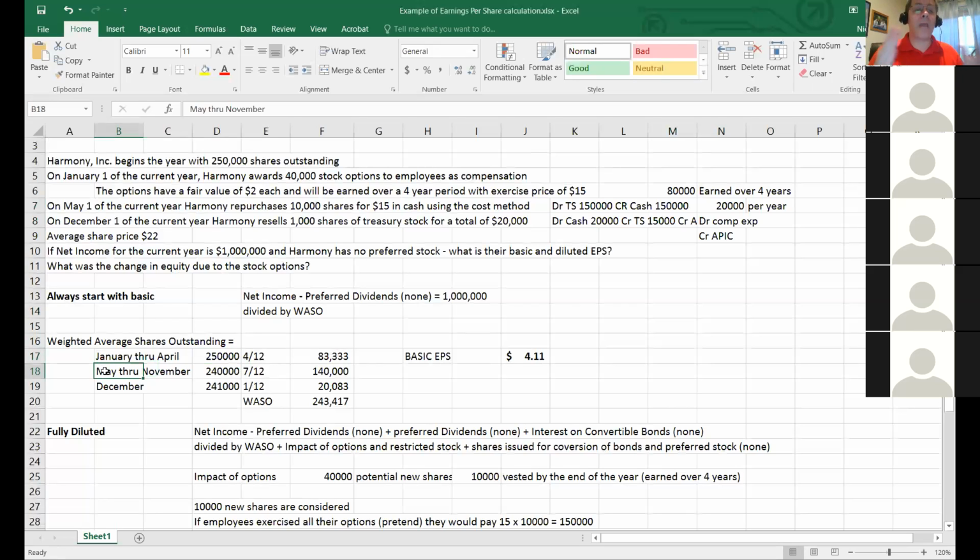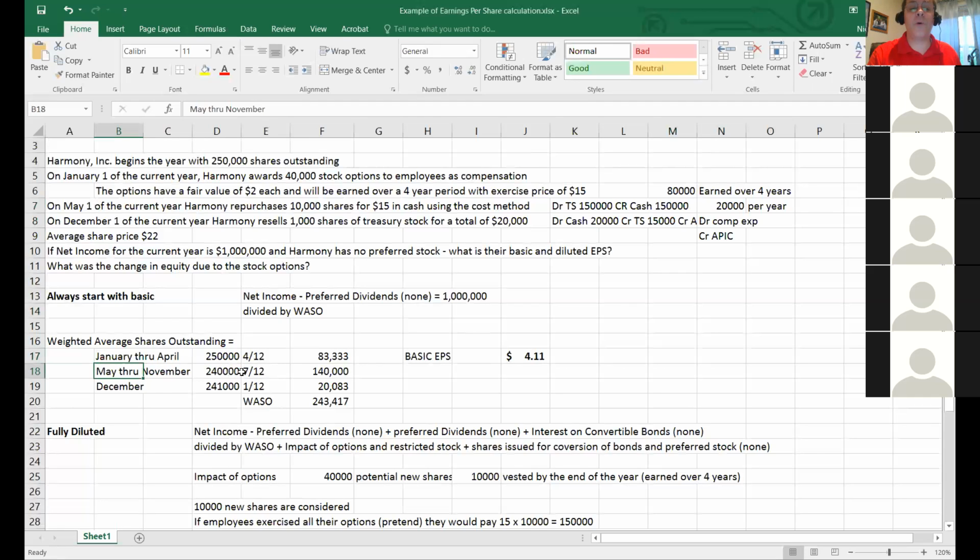In May, or May 1st, beginning of May, we bought shares, which makes the number of shares go down. So instead of having 250, we now have 240. And that will be the same for May, June, July, August, September, October, November. 7 months out of the 12 months of the year.